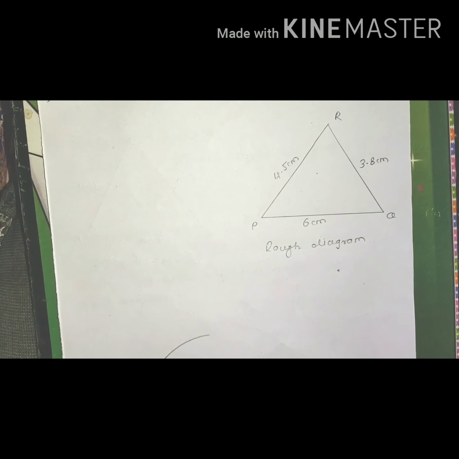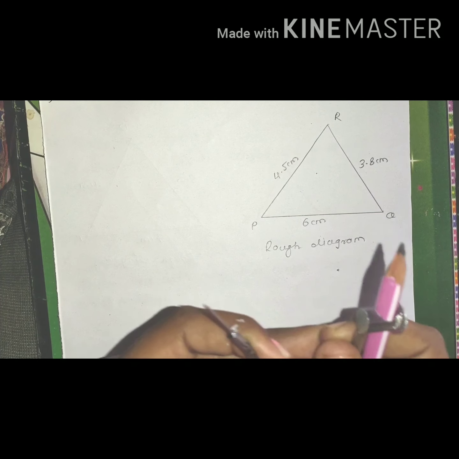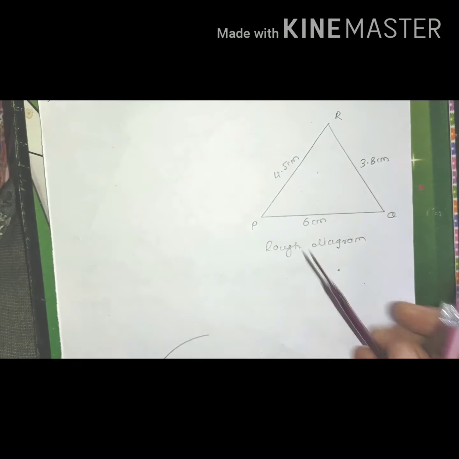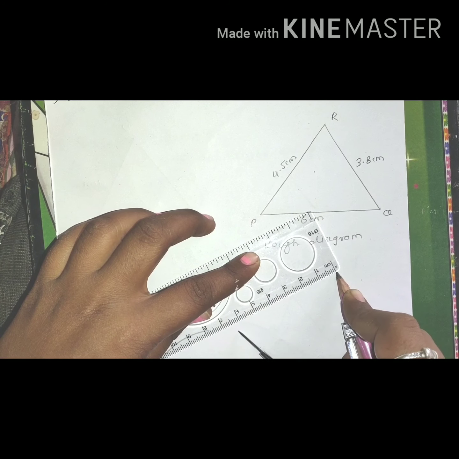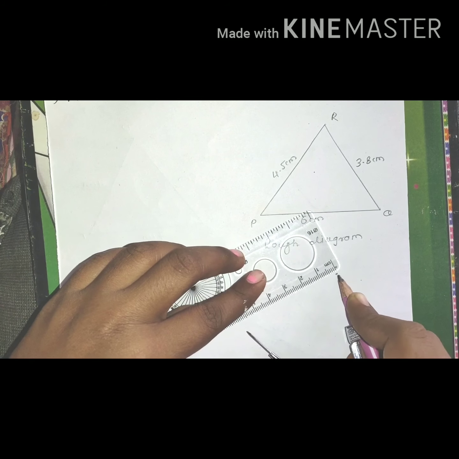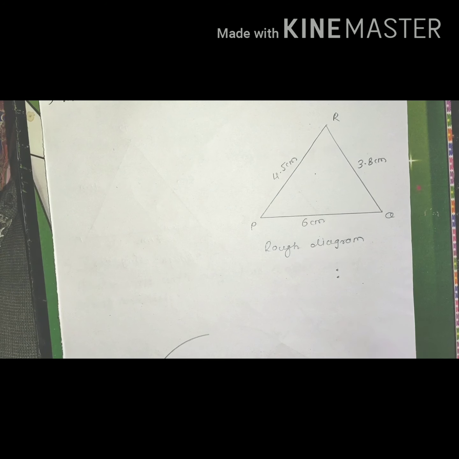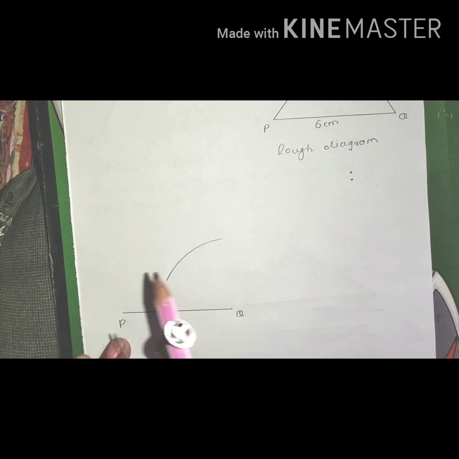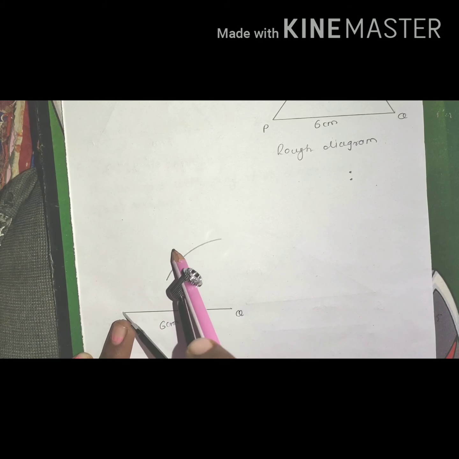Next, we have to draw the segment PR of length 4.5 centimeter. So in a compass, take a distance of 4.5 centimeter. So here is 4.5. Now keep this compass at point P and make an arc, which is going to intersect the first arc.